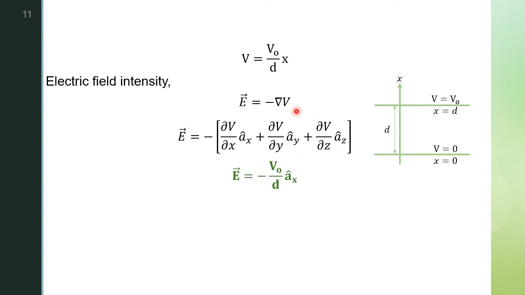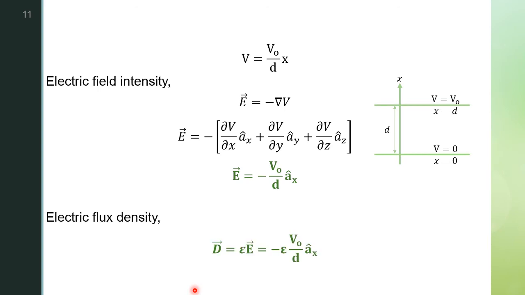These two terms will be zero since the potential varies only with respect to x. Therefore, electric field intensity is minus V0 by d into ax cap. That is, it has a magnitude of V0 by d, and it is in the x direction.